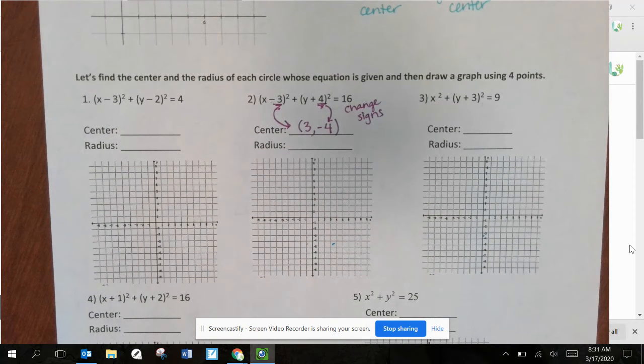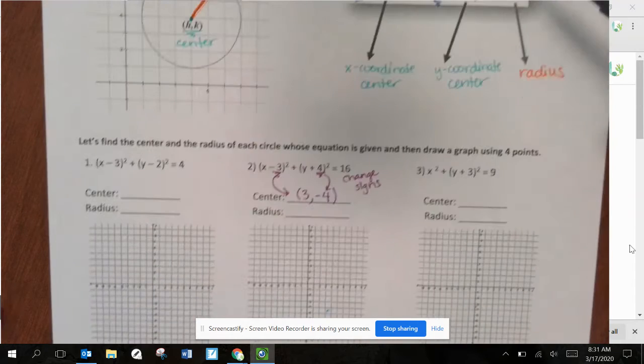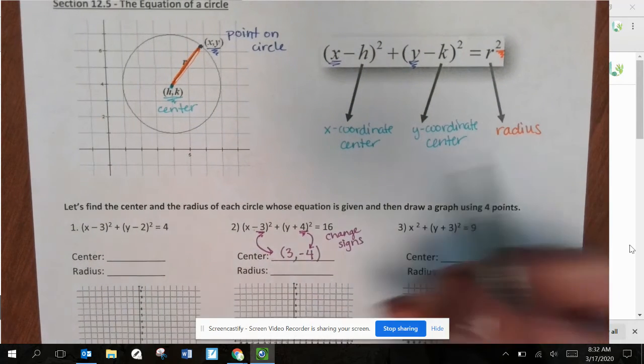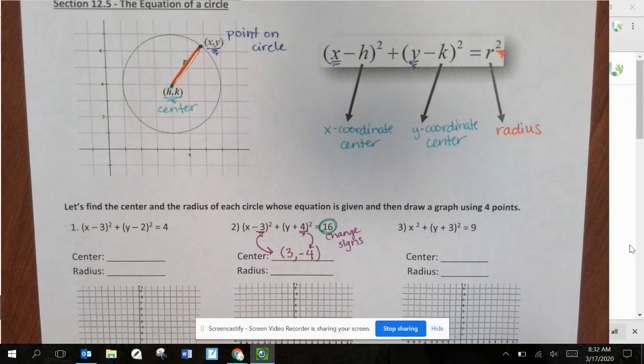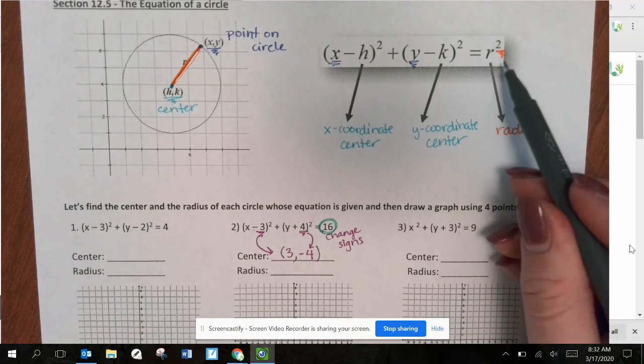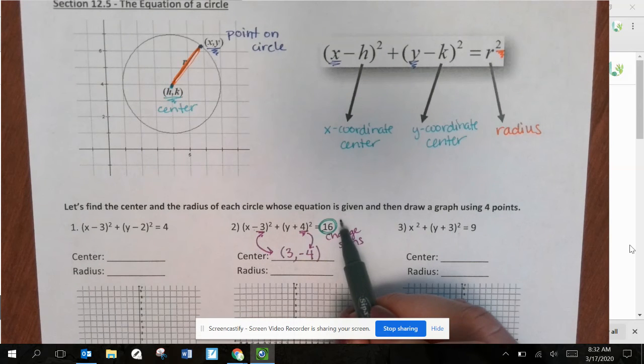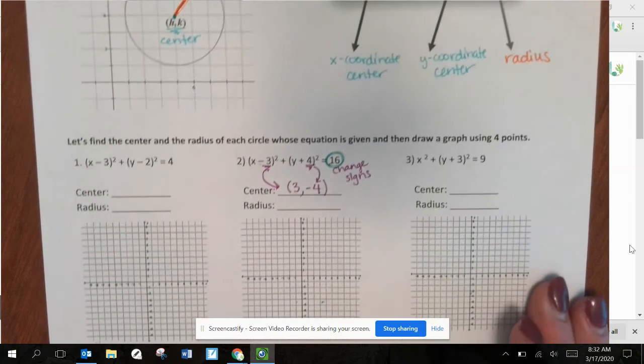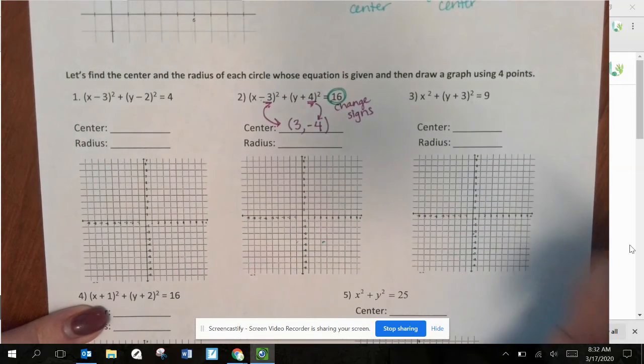Then let's talk about radius. What I know from my previous video is in my equation, the radius is squared. So when I look at the 16 right here, that has been squared, right? There's no 2 up here, nothing. This has been squared. So how do I get rid of something that's been squared? How do I undo a square?